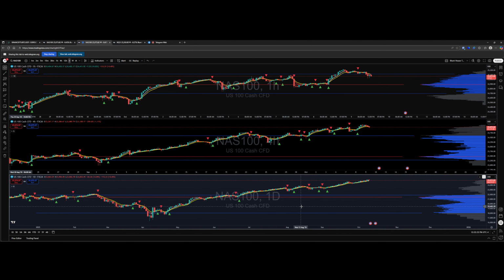We have the daily NASDAQ 100, we have the 4-hour NASDAQ 100, and we have the hourly NASDAQ 100. All that's on these charts are the volume profiles, and we're running our script with our buy and sell signals. And the indicators are, the white we know is the 5 EMA, which changes to red when it's bearish. And then we have the T line, which is always yellow.